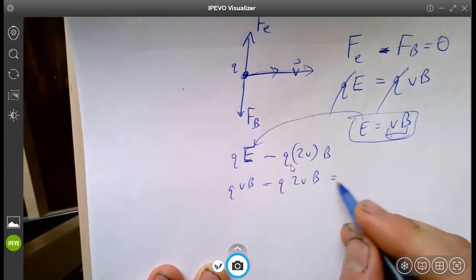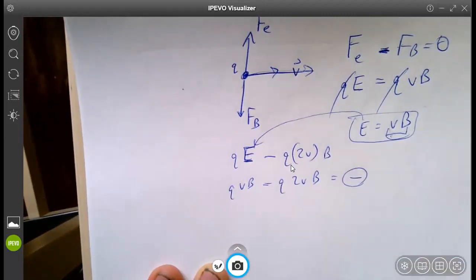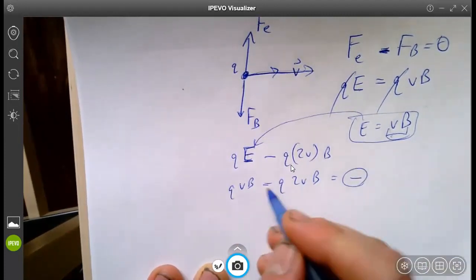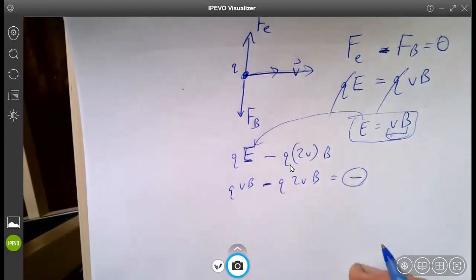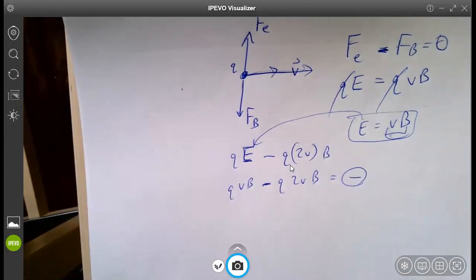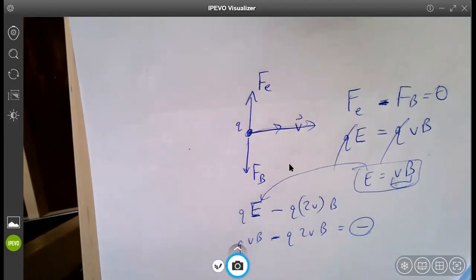And we'll see that we get an overall minus sign, so we end up getting minus qvB. That means the magnetic force is going to win, and we're going to get a net force in the downward direction in this case.